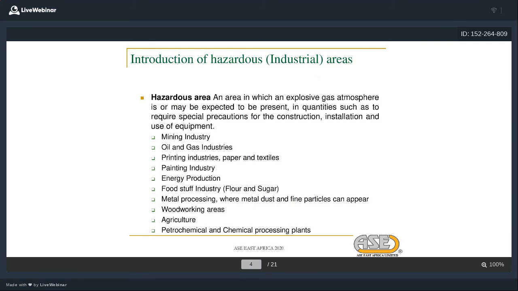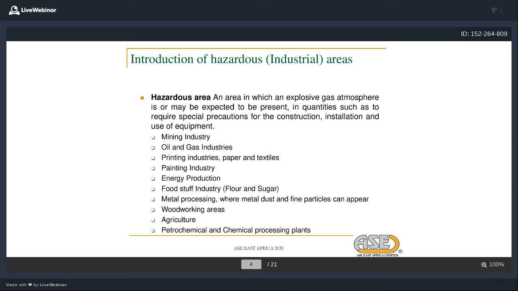So after seeing this, now let's see these areas, hazardous areas. This is an area in which an explosive gas atmosphere may be present or may exist in quantities as to require special precautions for the construction, installation, and use of equipment.